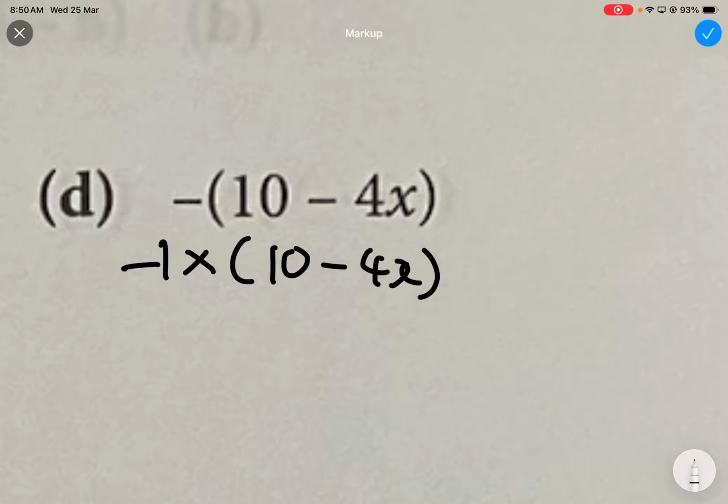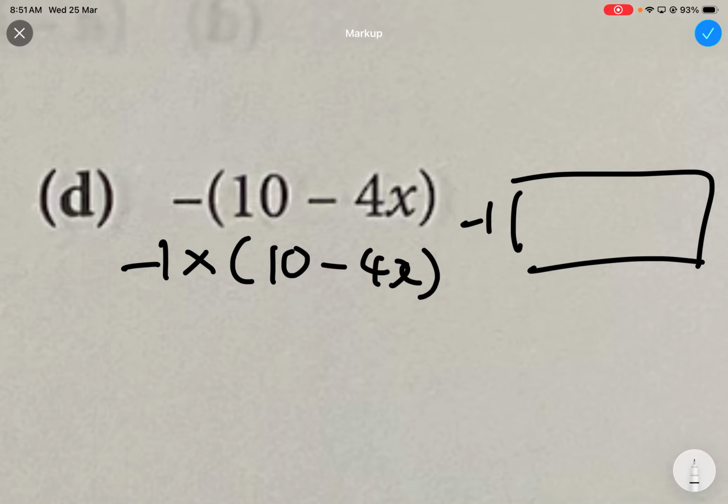Jarius, what is the big picture here? What is happening? Between 9 and the bracket, what is happening here? There is a multiplication. Multiplication comes before addition or subtraction.